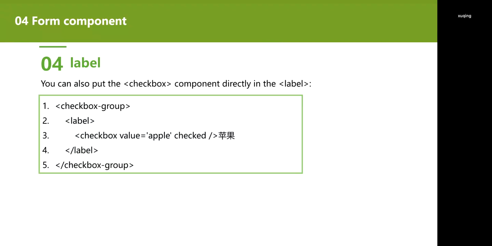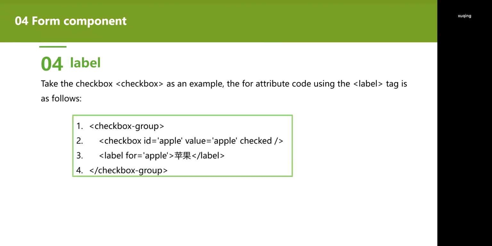Exactly, it is similar. You see here we have the starting and ending clause of the checkbox group, and for this one we get checkbox ID apple, and I get the label.